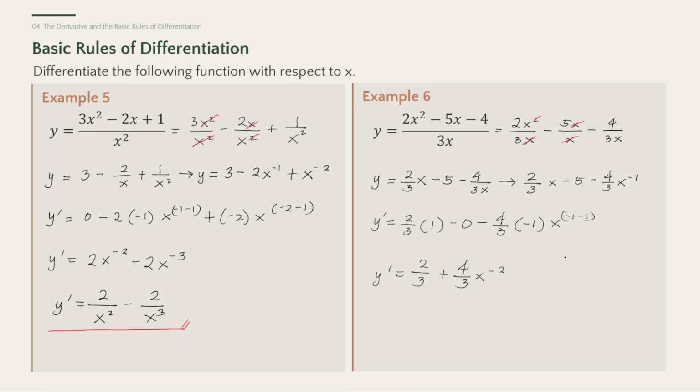Now, since we have a negative exponent on the second term, we can just bring that down to the denominator to simplify. So we have 2/3 plus 4 over 3x squared. This will be the answer to example number 6.